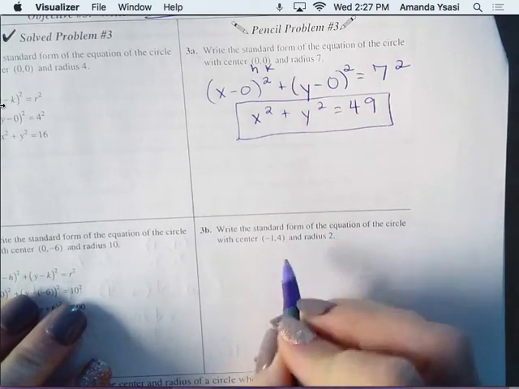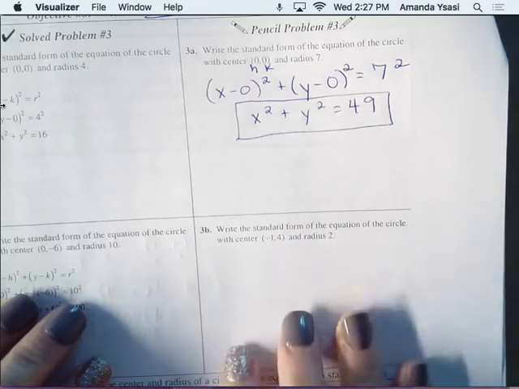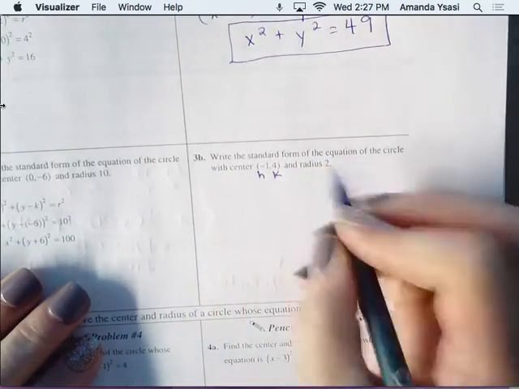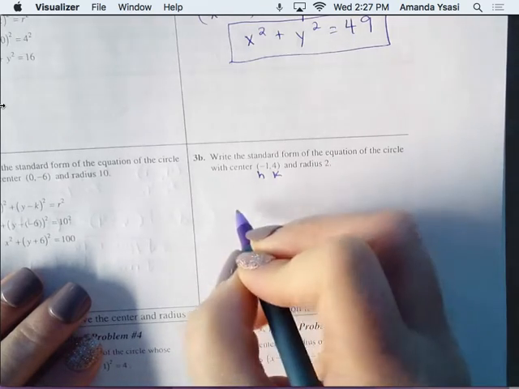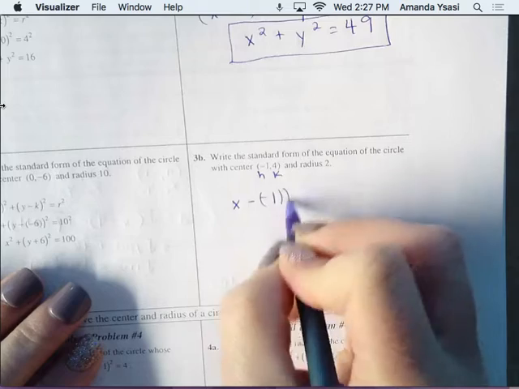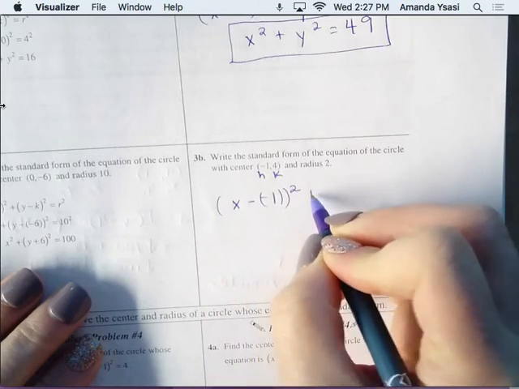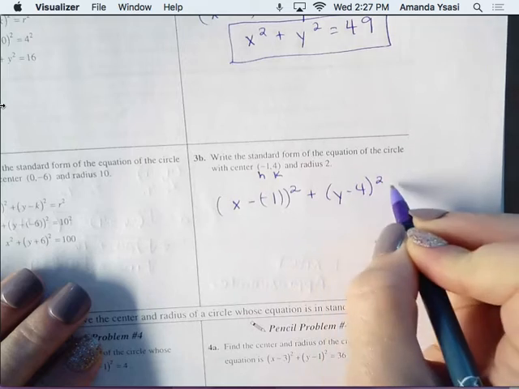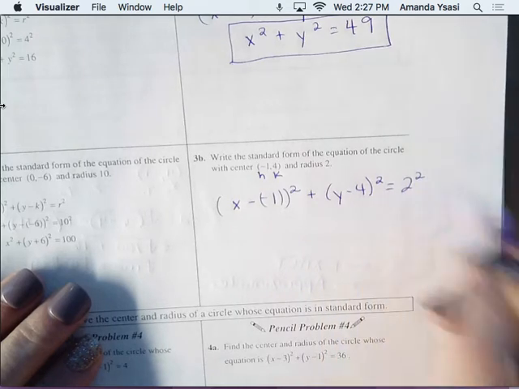Now, if we have a center at -1, 4, then we label this h and this k, with a radius of 2. So it'll be x minus a -1 squared plus y minus 4 squared equals 2 squared.